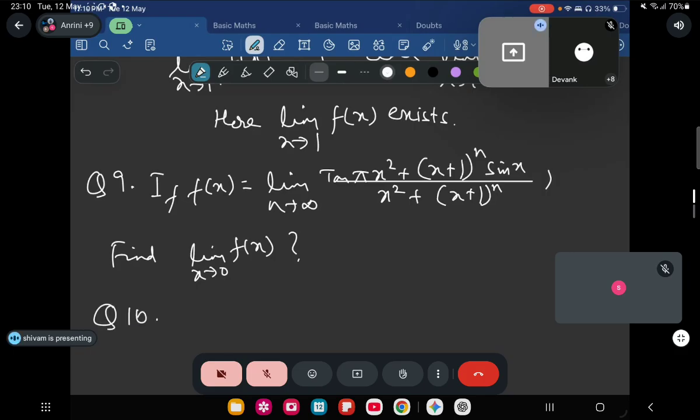And last question, question number 10. Part 1: limit x tends to 2, fractional part of x plus 1 upon box of x by 2. Okay, these are the last two problems. Everyone try this out.